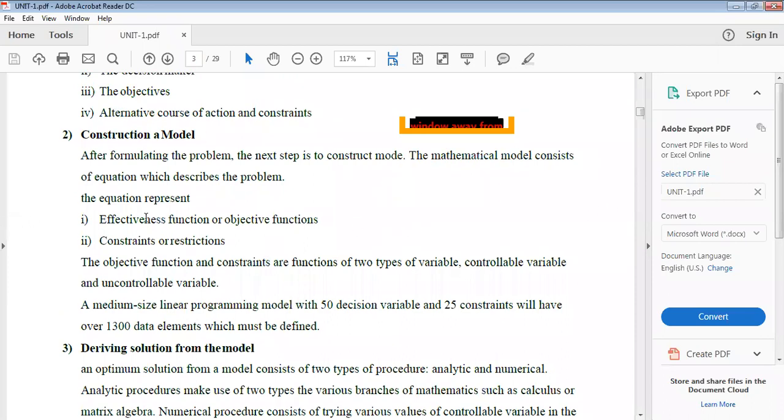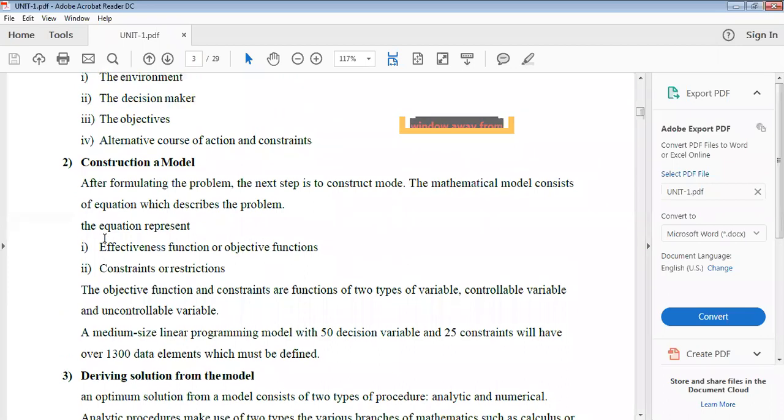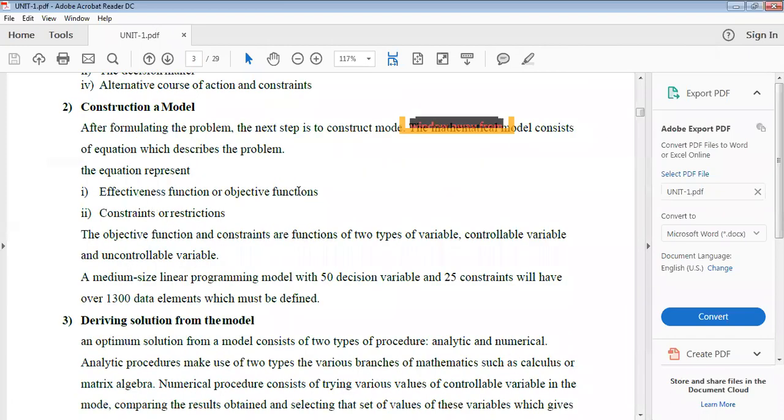The mathematical model consists of an equation to describe the problem. First of all, you have to write down the problem clearly. After writing the problem, there is the effectiveness function, that is, the objective function.